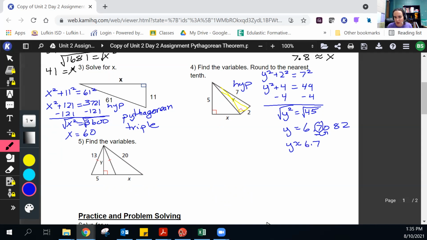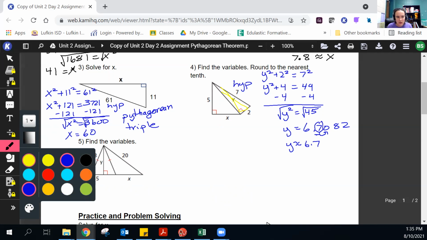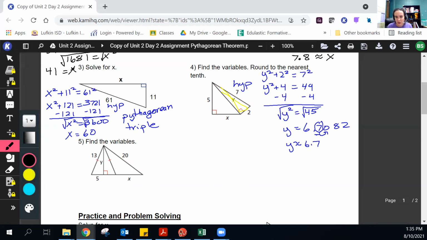Now, I'm not going to put this rounded number back in and solve for x. I am going to use that square root. The square root of 45 also equals y, and that's our hypotenuse in the second part here.